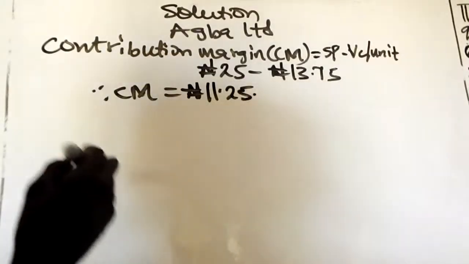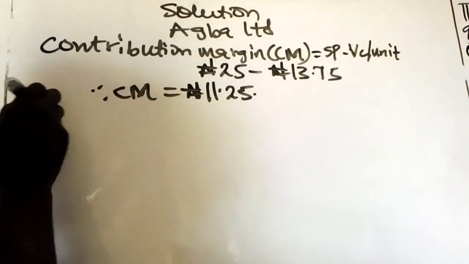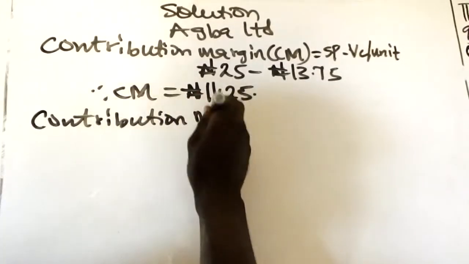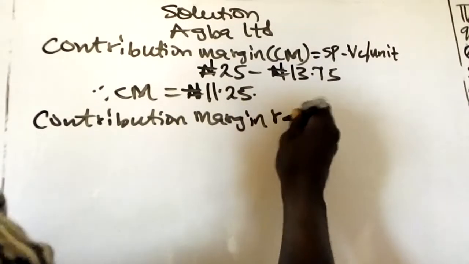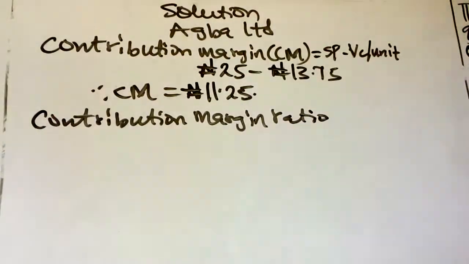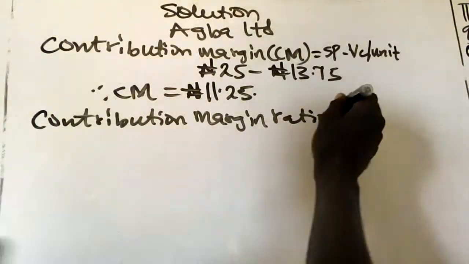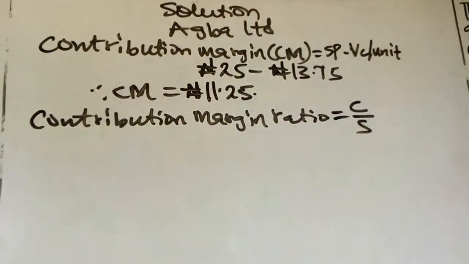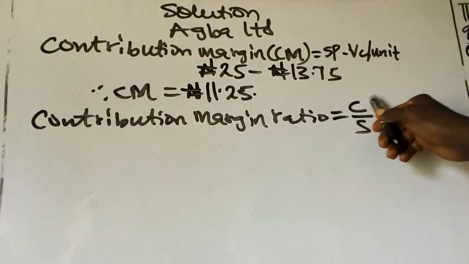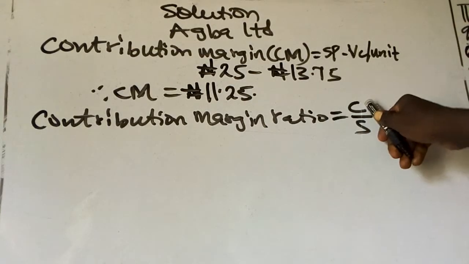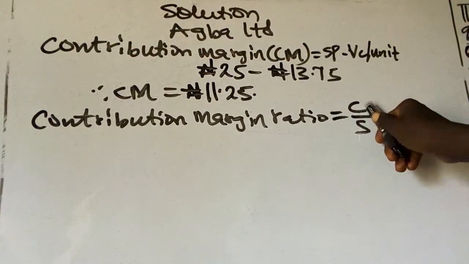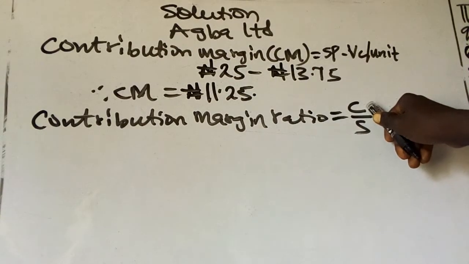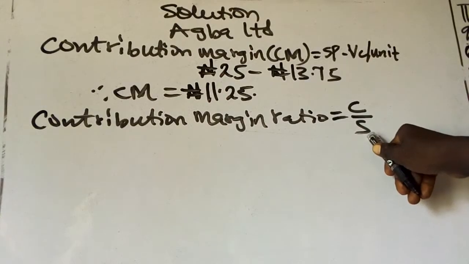11.25 naira. So we can equally compute the CMR, contribution margin ratio, or CS ratio, which is contribution over sales. You can use the total contribution or unit contribution. If you use total contribution, this will be over the total sales revenue. If you use contribution margin per unit, then this will be over selling price.